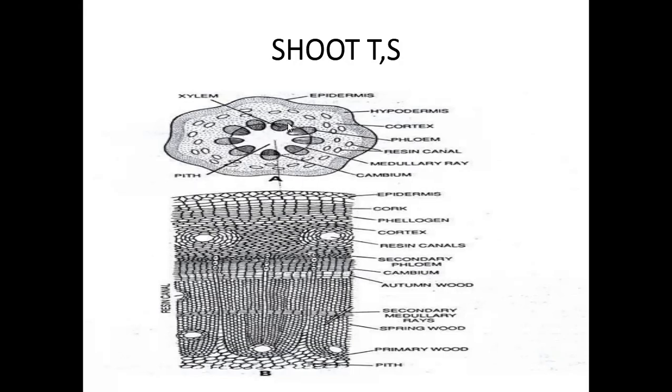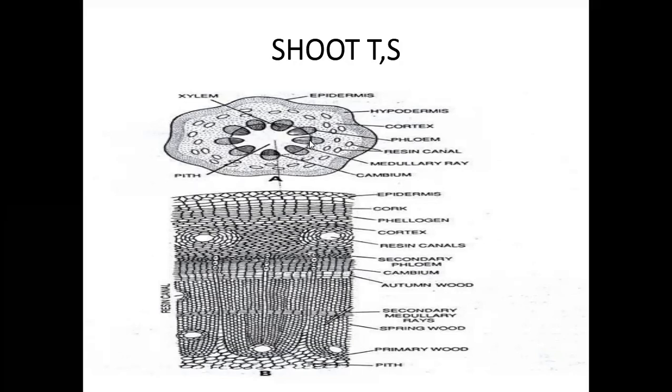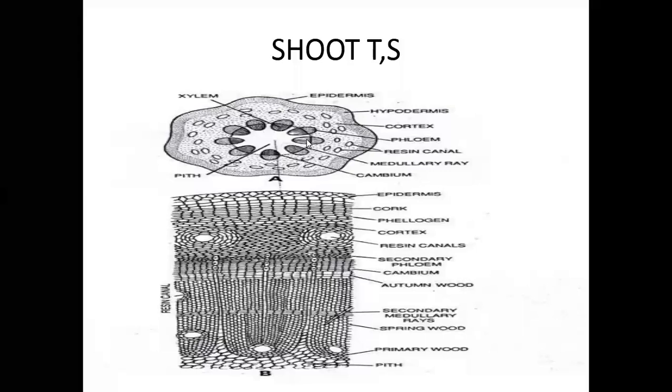Each vascular bundle is conjoint, collateral, open, endarch type. Conjoint means the vascular tissues, xylem and phloem, are fused. Fused xylem and phloem arranged side by side is called collateral.